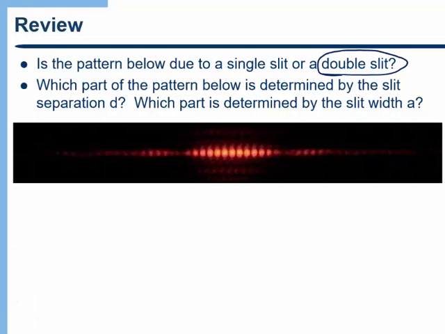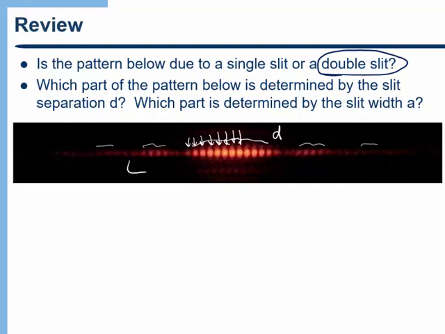Well, hopefully you know that the little dots, and I'm not going to draw an arrow to all of them, all of those, and if you can see them, those as well, are all due to the slit separation. Those are the little interference dots, so that spacing is controlled by how close or far apart the two slits are from each other.